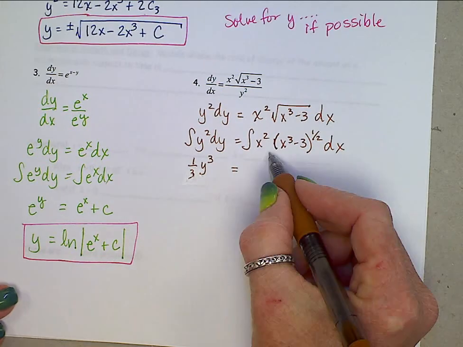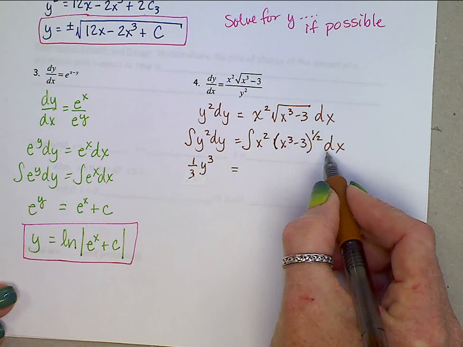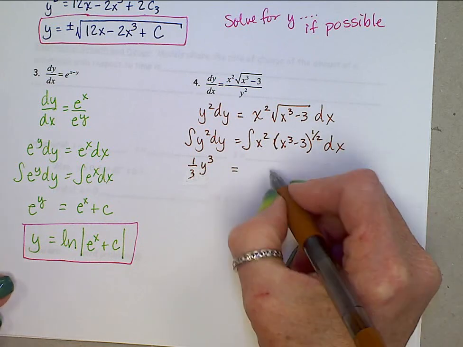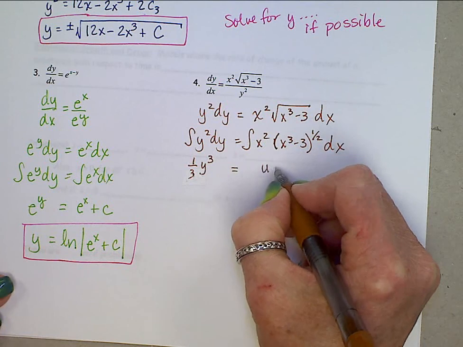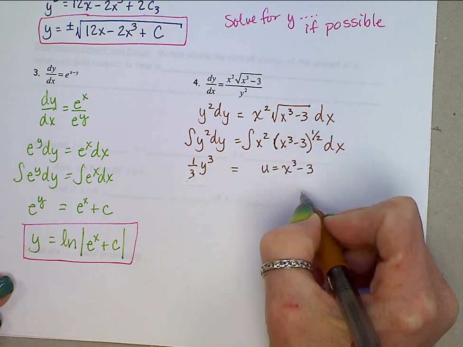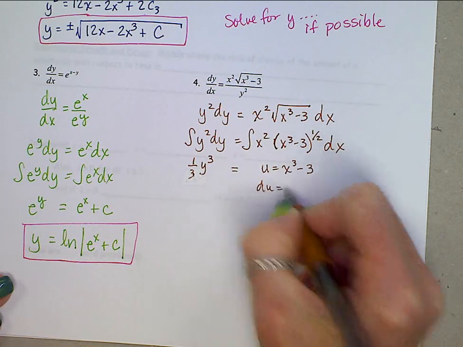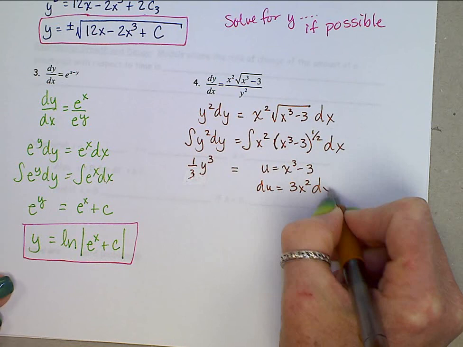Over here, we're going to have to do a u-substitution from the last couple of days. So let's use u equals x cubed minus 3, and du is then 3x squared dx.